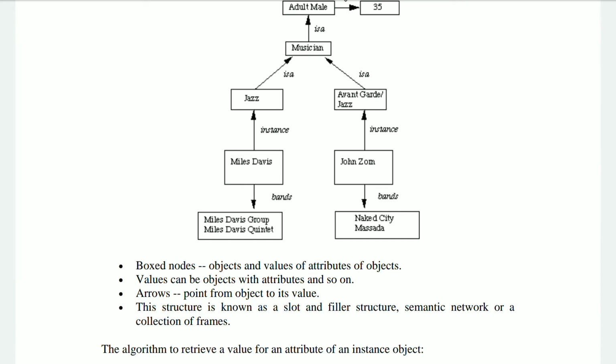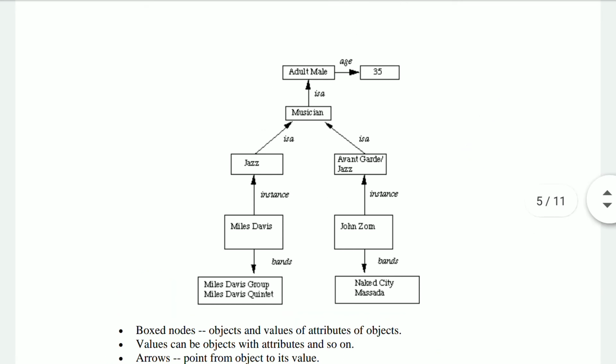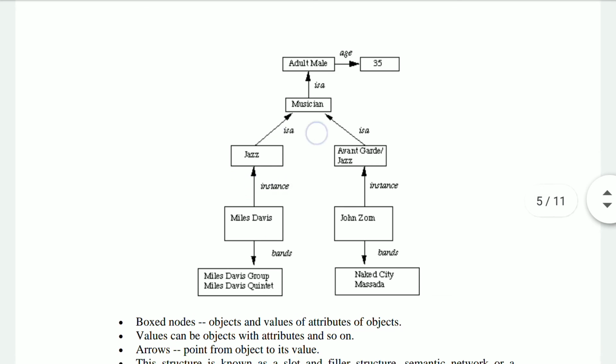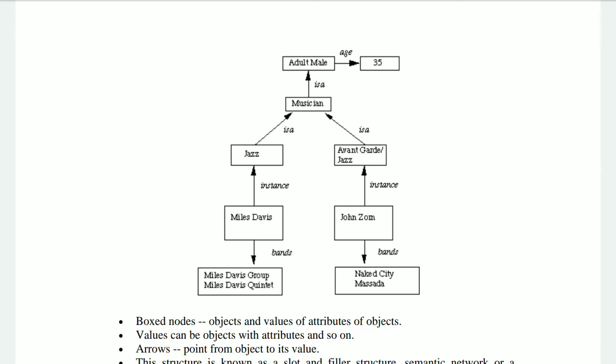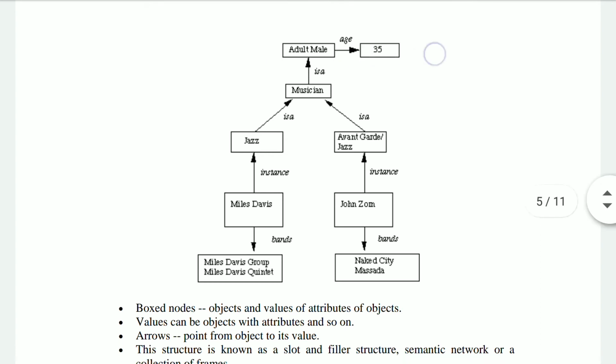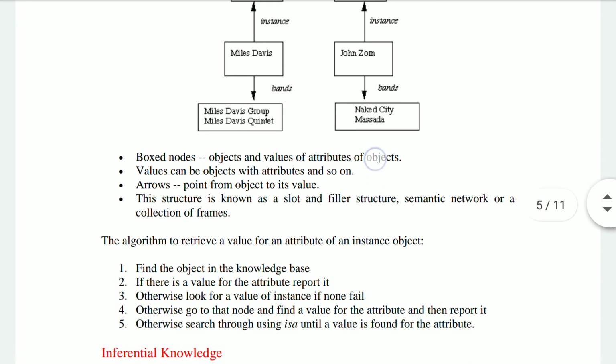So here you can see that this is a kind of chain where we are talking about the instance and there is an is-a inheritance. So we are going to say that Miles Davis plays the music of jazz as an instance, and is a musician who is also an adult having an age of 35.